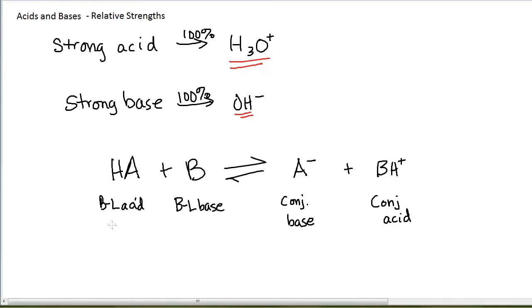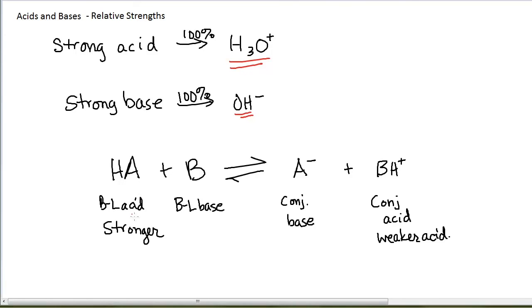For example, if HA is a stronger acid than BH plus, this one would be the weaker acid. By stronger, what we mean is that it is more likely to produce BH plus than BH plus is likely to produce HA. So a stronger acid is one that provides a more forward reaction.